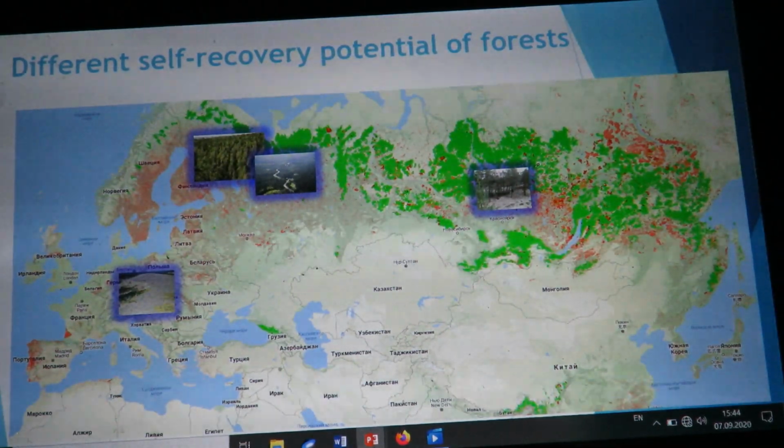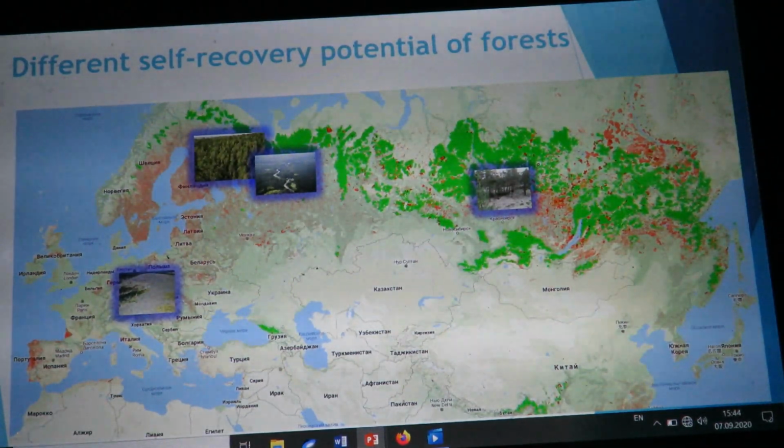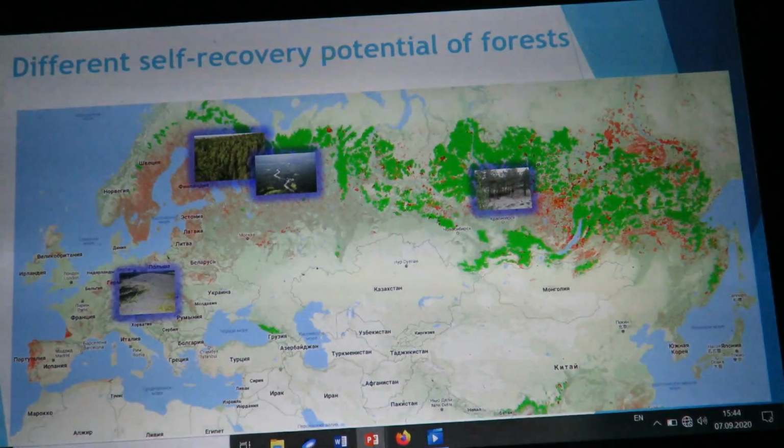So we need a healthy vegetation cover for a stable and favorable water cycle. At the same time, different types of ecosystems and different types of vegetation cover have different self-recovery potential.